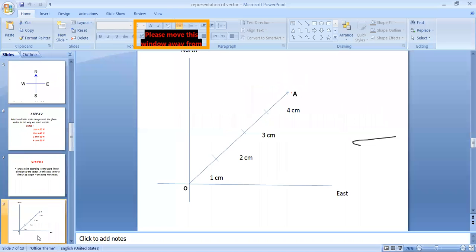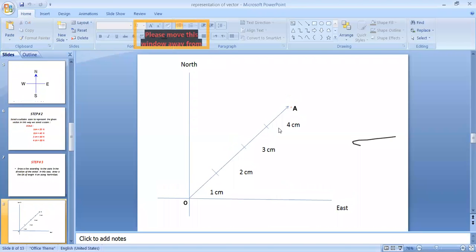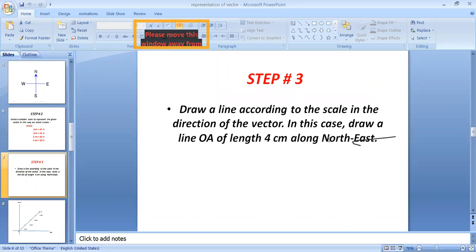Now take out your pencil, your notebook and scale. First of all, you have to make the directions: north, east, west, and in the downward direction south. Have you drawn them? In step number 3, what is given?